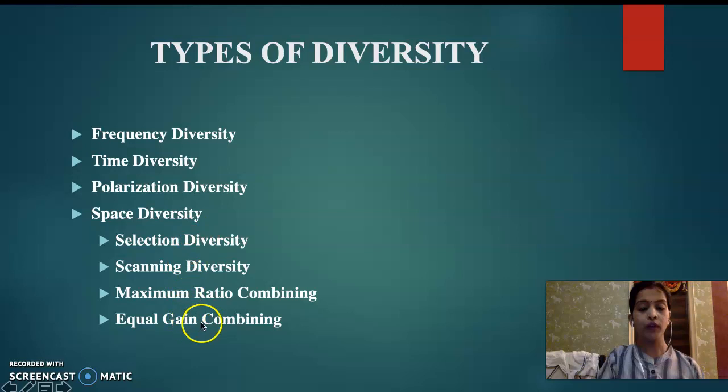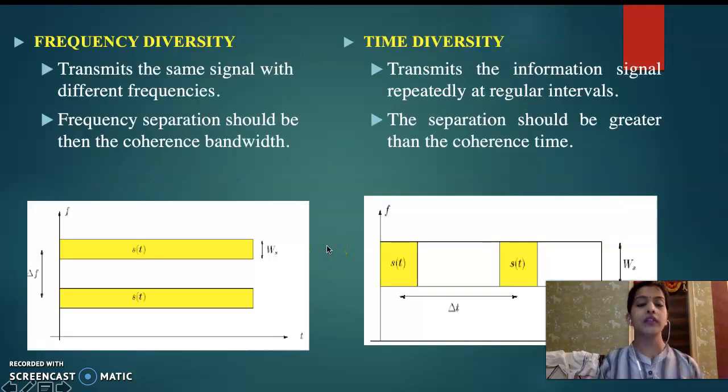These all four are combining techniques of diversity. What is frequency diversity? In frequency diversity, it transmits the same signal with different frequencies. Frequency separation should be less than the coherence bandwidth.